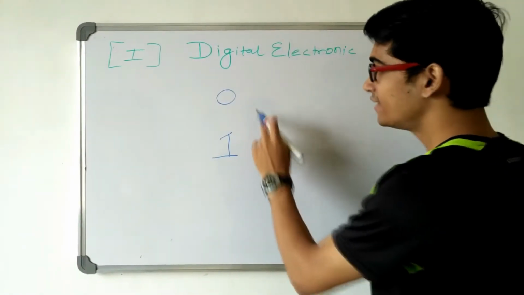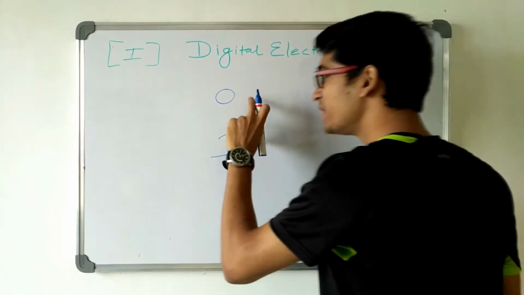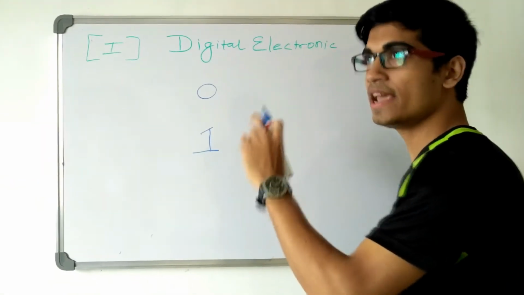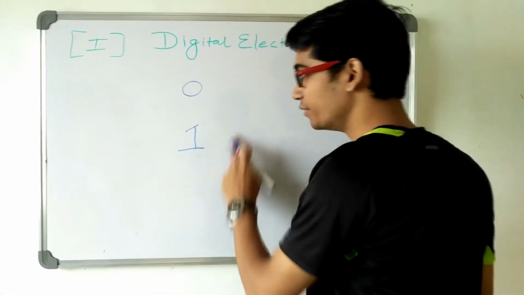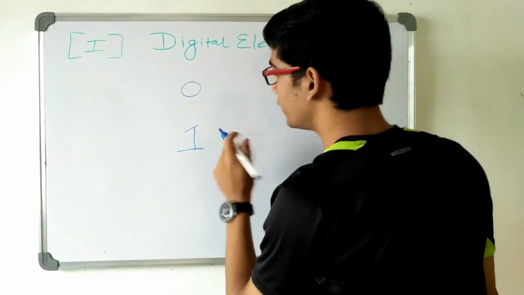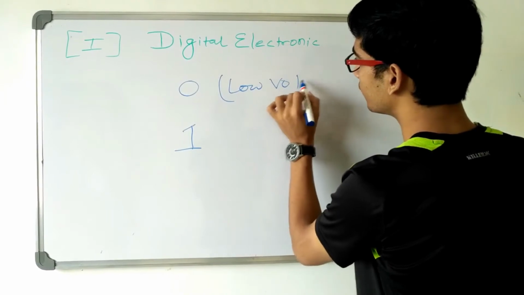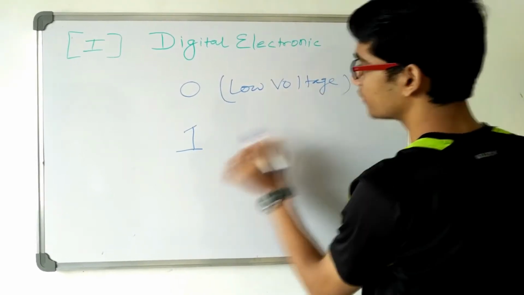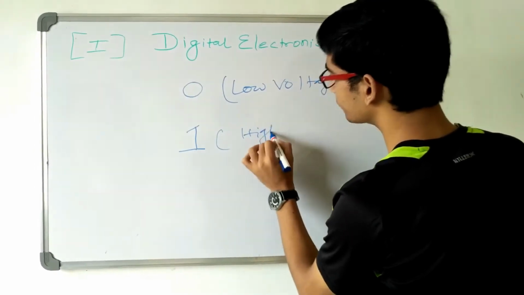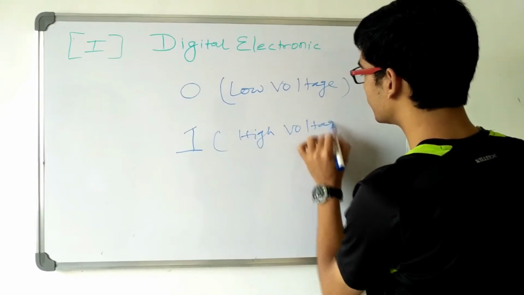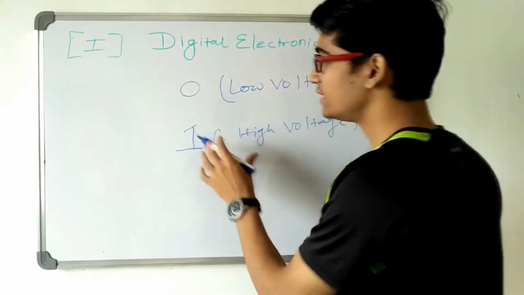This 0 and 1 is the very basic thing that every computer science, electronics, or IT engineer should know. This 0 is basically the low voltage, and this is the high voltage.